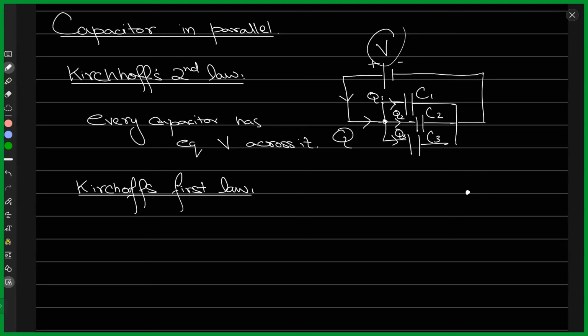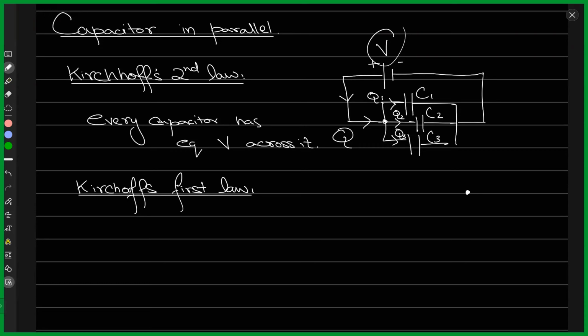So it says that the total current that enters any junction is exactly equal to the total current that is leaving that junction, which means that no charge is lost, right? Because current flowing is just charges flowing, and if the charges that flow in are exactly the same as the charges that flow out, it means that no charge was lost in this process.